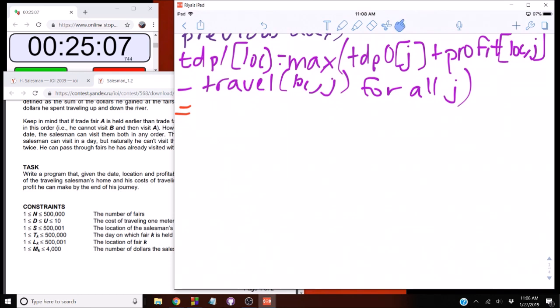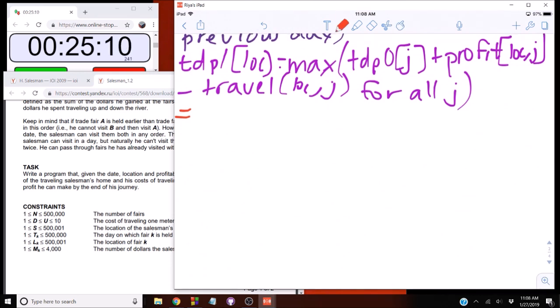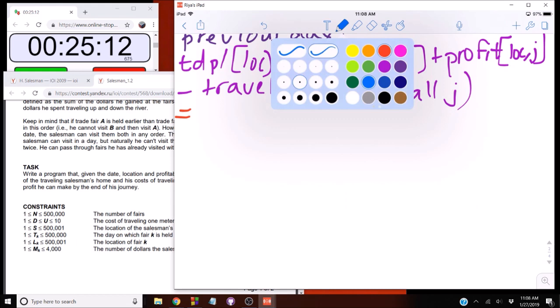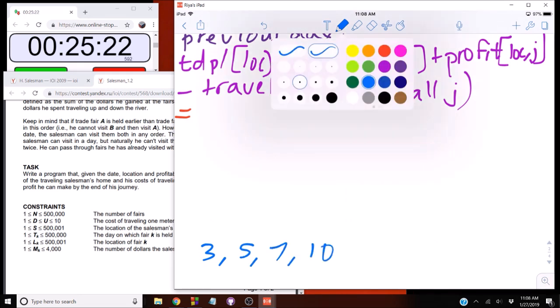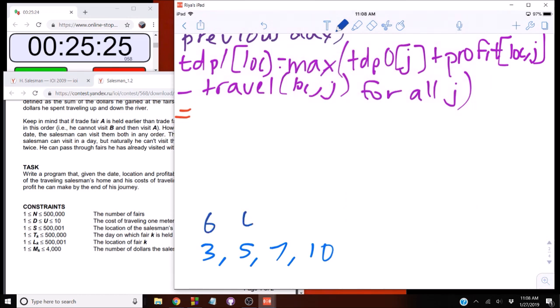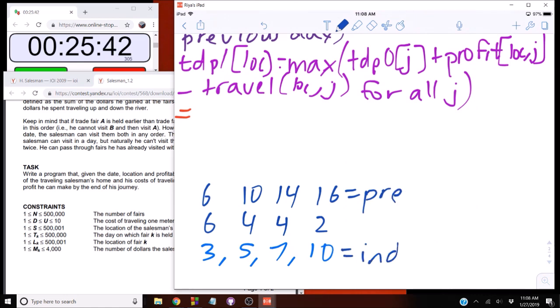If I were to create a prefix sum array for profit, so let's just say I had locations 3, 5, 7, 10, and the profits were something like 6, 4, 4, 2, and so the prefix sum array would look like 6, 10, 14, 16. Now if I were to have a prefix sum array, and would be the index, we'll use a map of some sort, I don't even know.